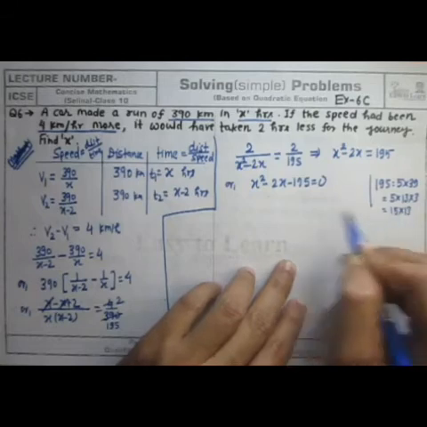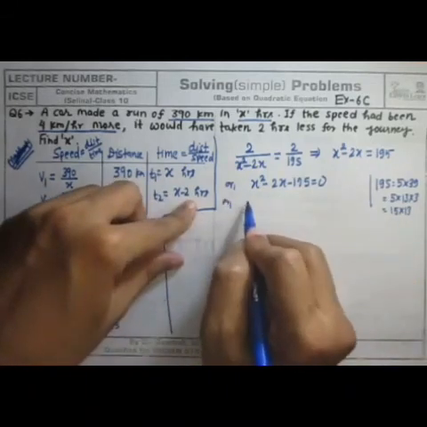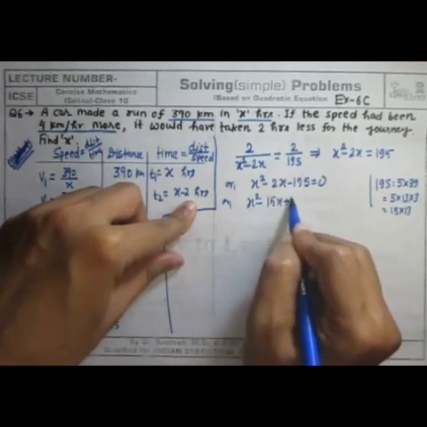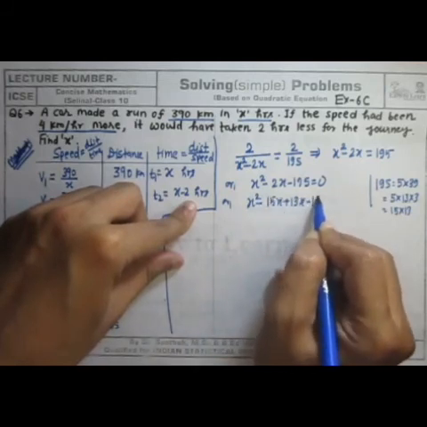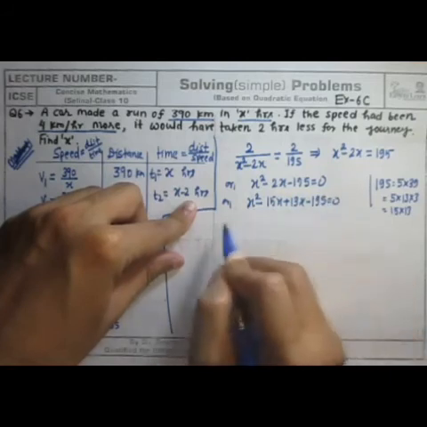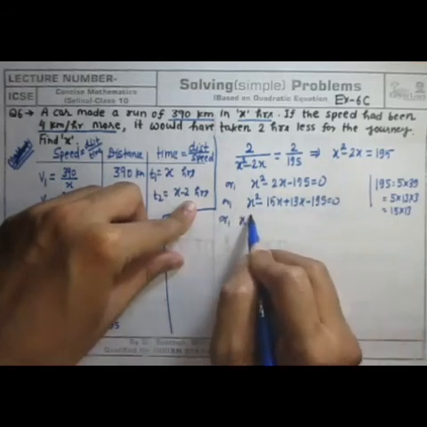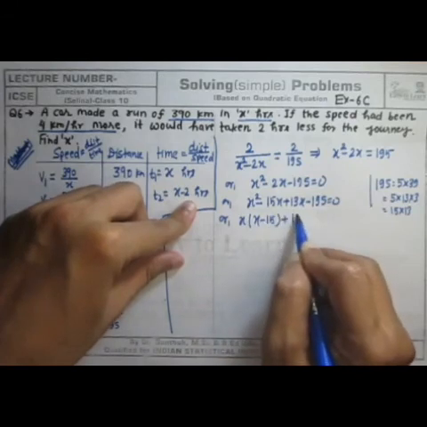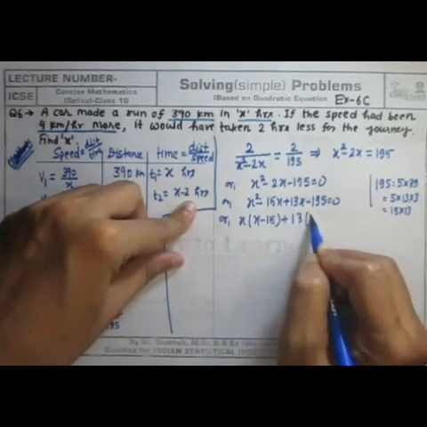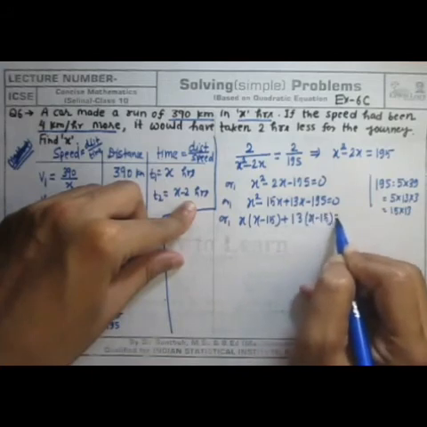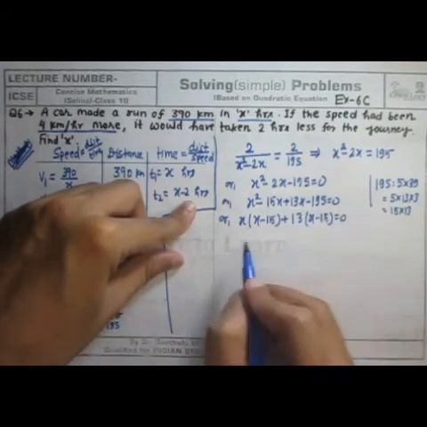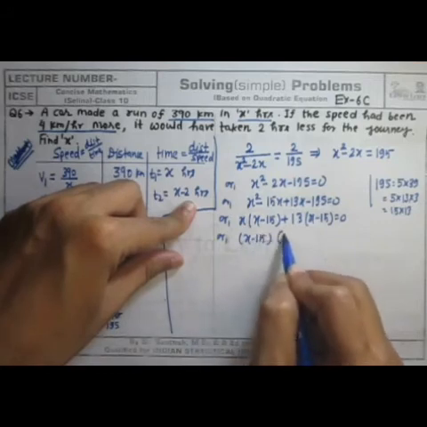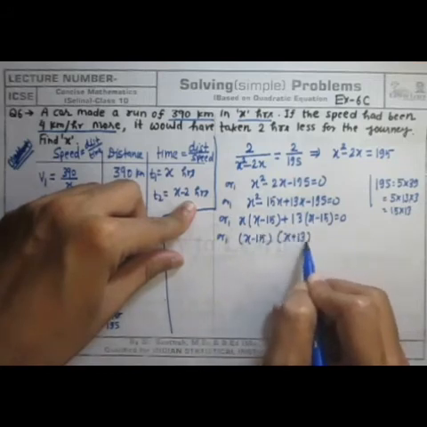Now here the difference is 2, so x square minus 15x plus 13x minus 195 equal to 0, or take x common, so x minus 15, take 13 common, so x minus 15 into x plus 13 is equal to 0.